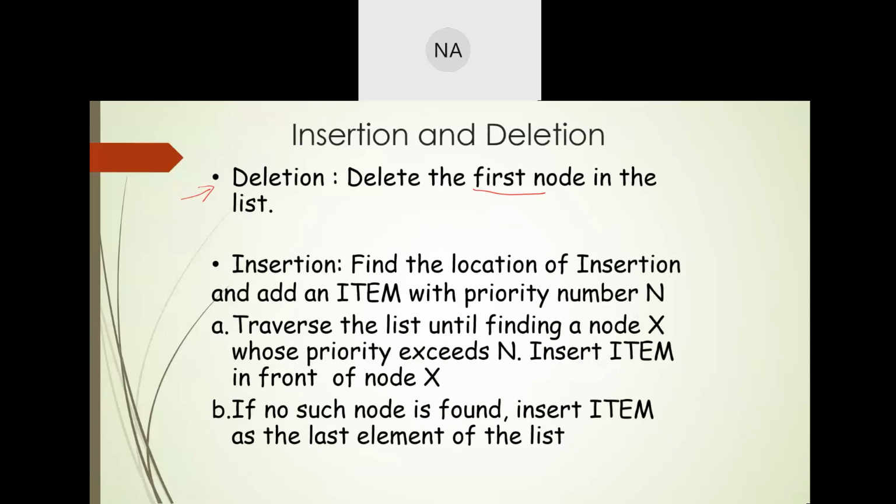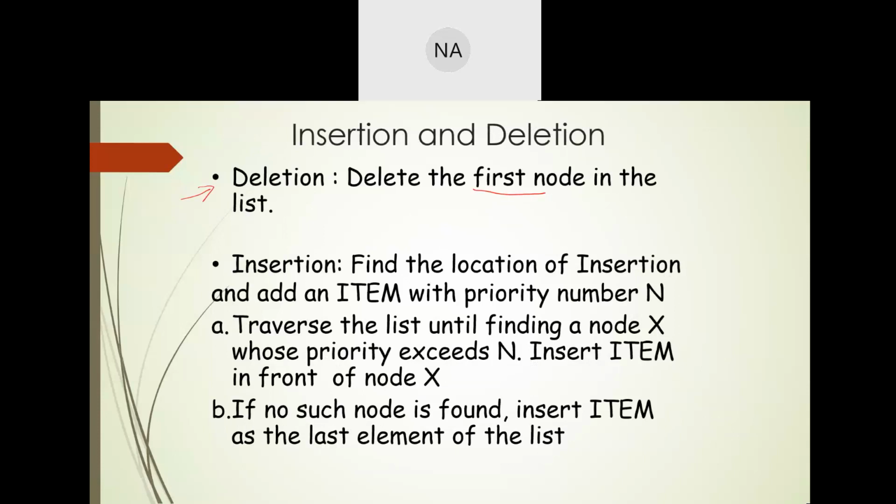So if you are to delete the last node, you must use an extra pointer which points to the last node, because in the normal list you don't have the pointer to the last node. In the normal linked list you have only the start pointer.